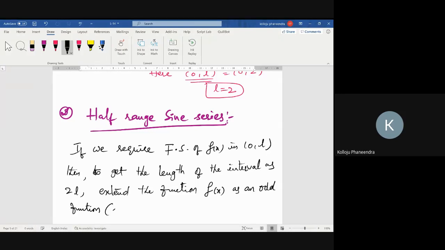I will write here, odd function means symmetric about the origin.